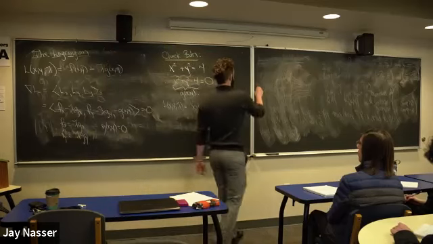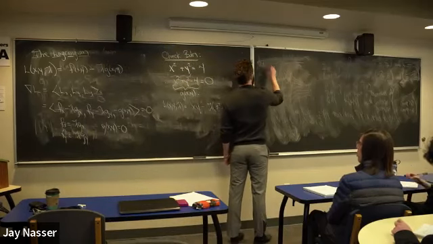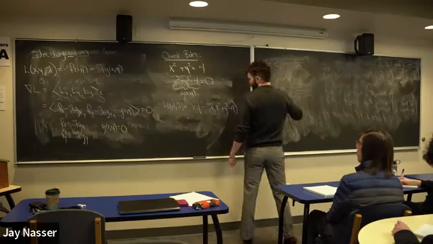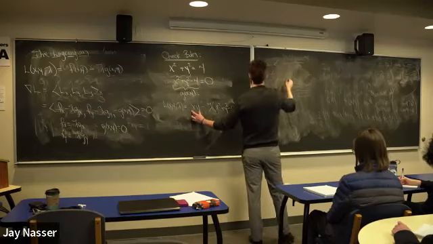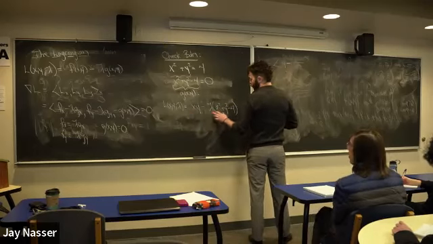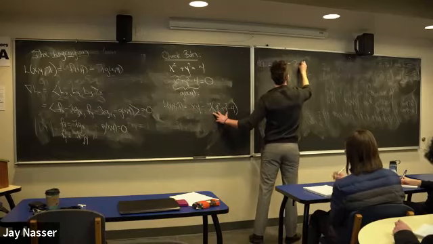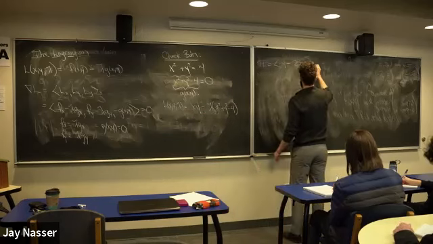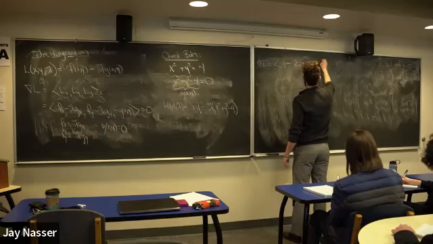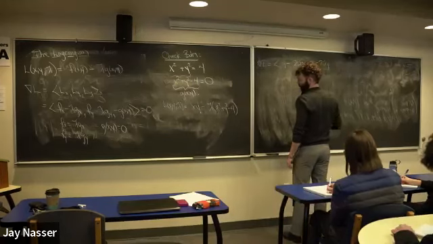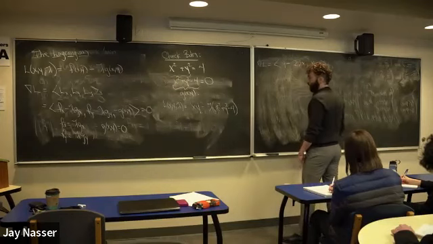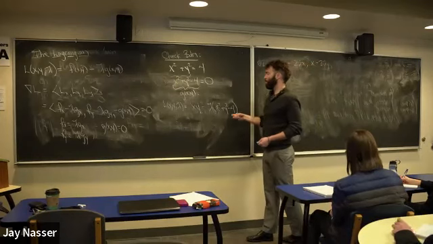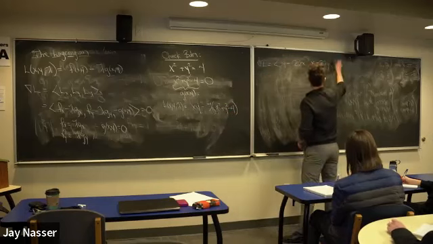So what is our gradient of L? Our fx is going to be y minus 2 lambda x. Our fy is going to be x minus 2 lambda y. And then our L sub lambda is going to be this.